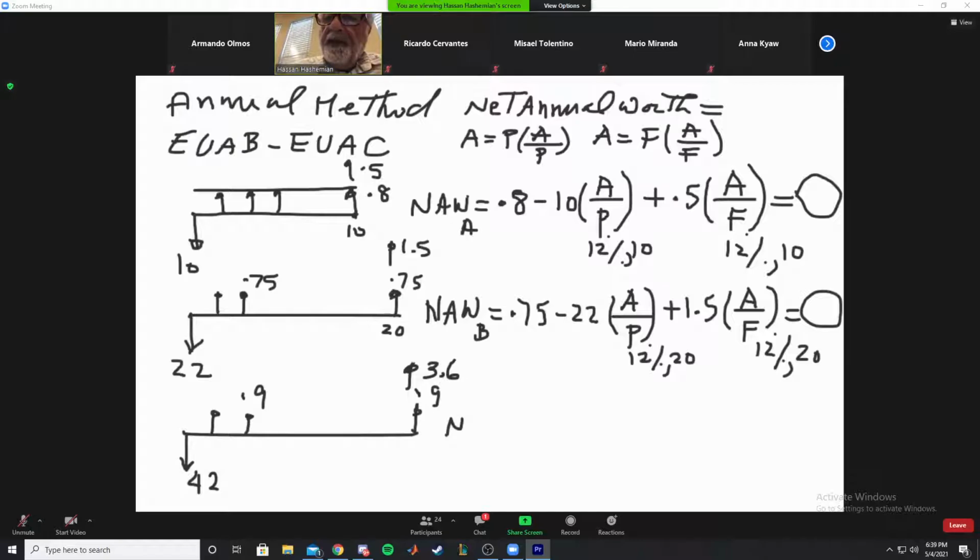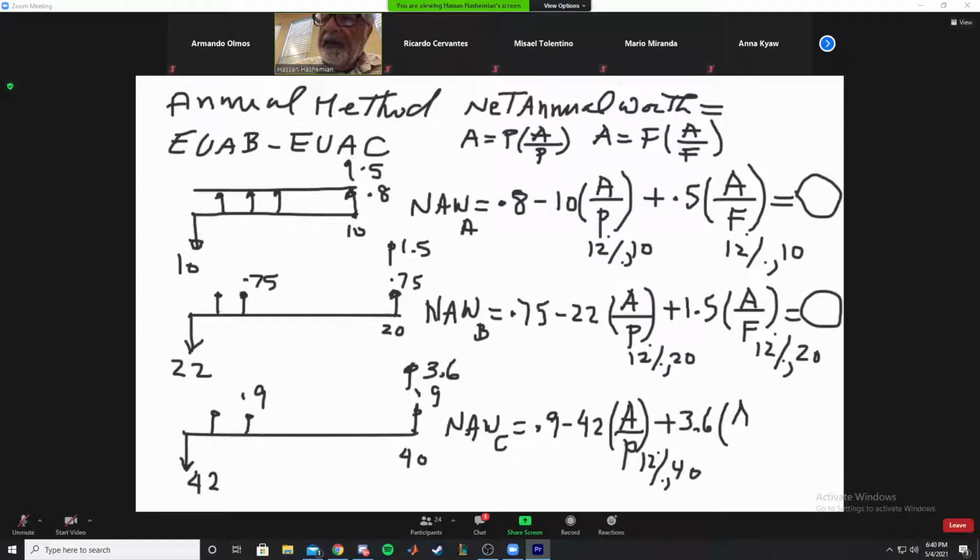So the same formula will be 0.9, which is your benefit, minus 42 million times A over P at 12% and 40 years, plus 3.6 times A over F at 12% and 40 years equal to.